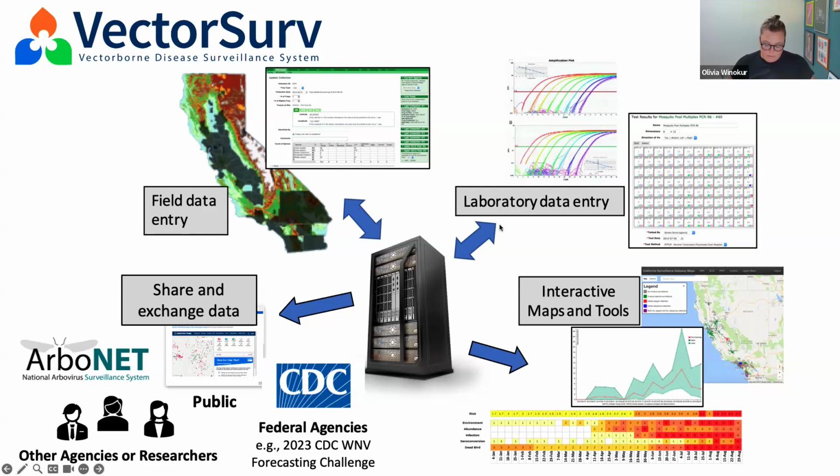In California, we do a lot of central lab testing. So here at UC Davis, we actually have a central lab that tests a bunch of the samples for agencies in the state. So the agencies can send their samples to us over at UC Davis, and then UC Davis can enter this data into the system for the agencies.